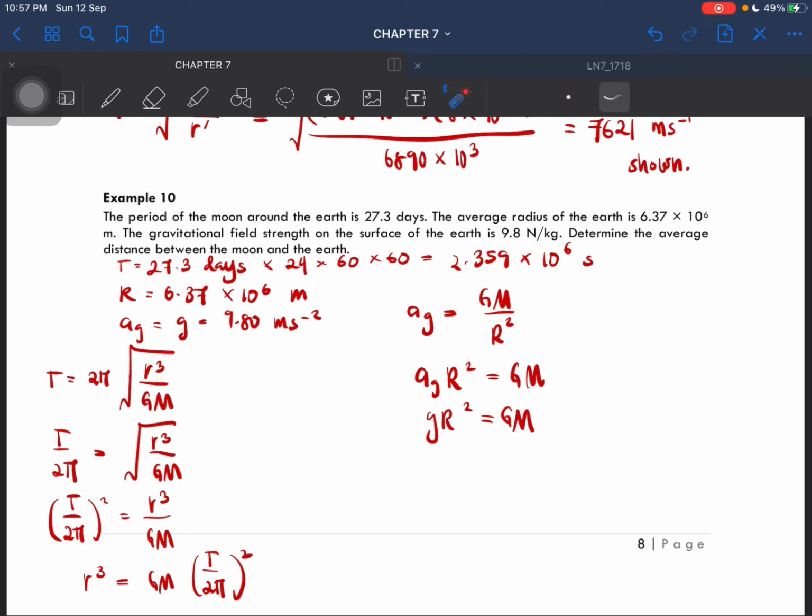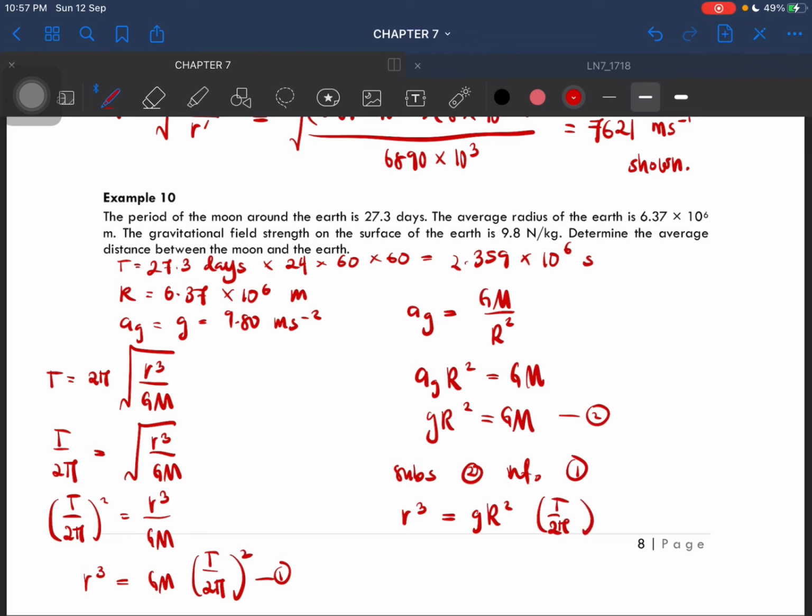Okay, so this one is equation 1, this is equation 2, so we can substitute 2 into 1, so it becomes r cubed equal to g r square T over 2 pi squared. Okay, so from here we can just substitute the values given.